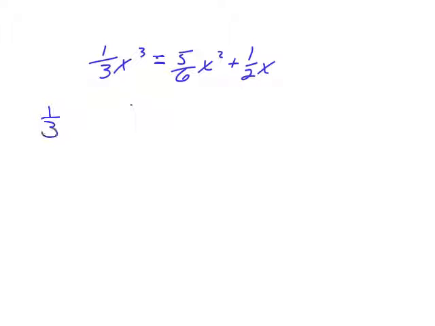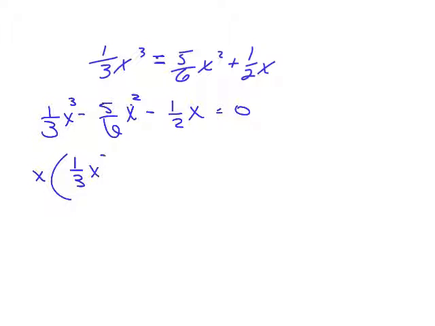So 1/3 x cubed minus 5/6 x squared minus 1/2 x equals 0. All right, so we pull that x out. Okay, so what is the part of that equation that is nasty about it?